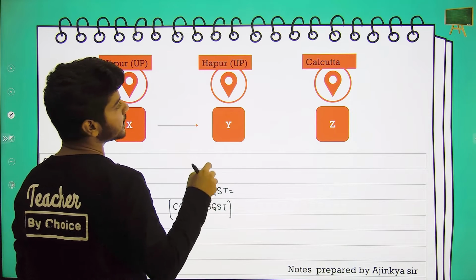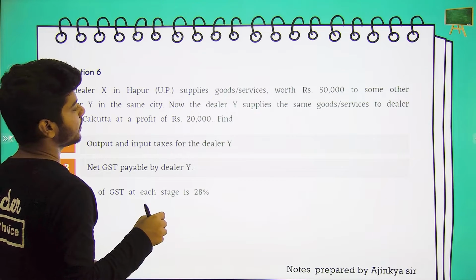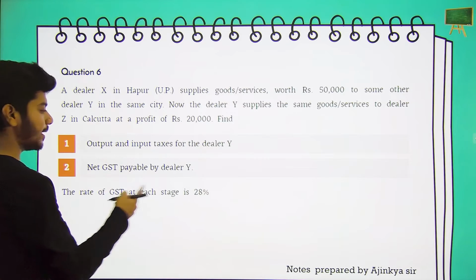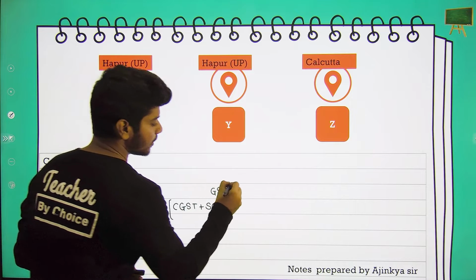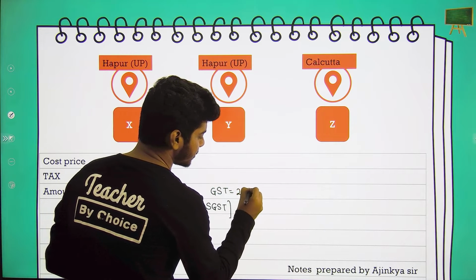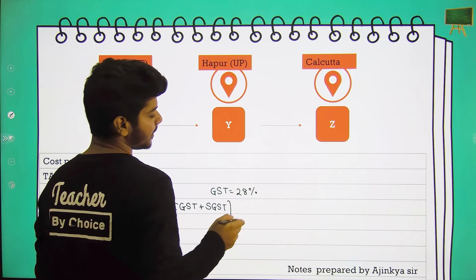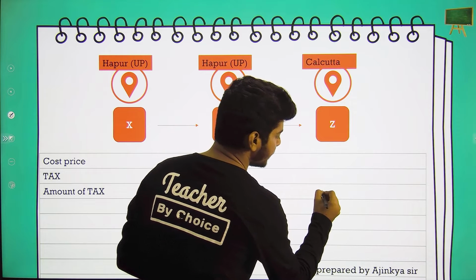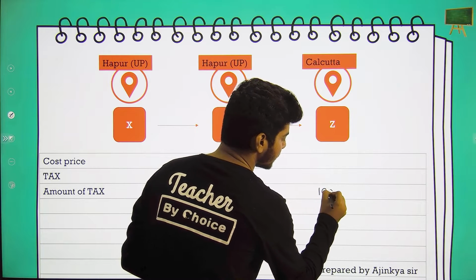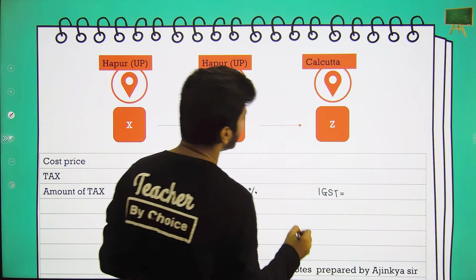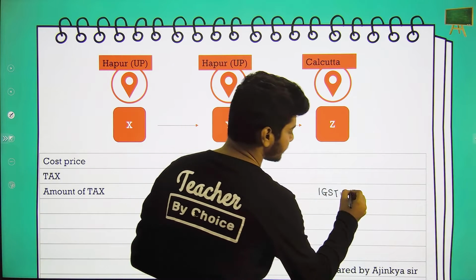GST rate 28% they have given, at each stage. But from here to Calcutta there is a change of state. Here there will be IGST, which is equal to 28%.